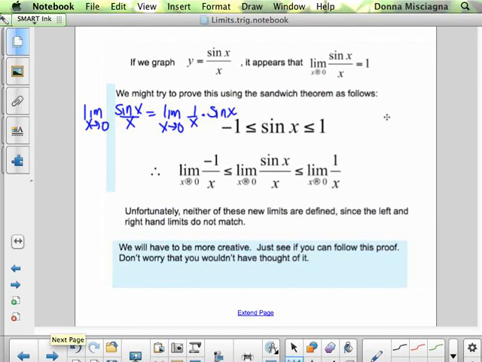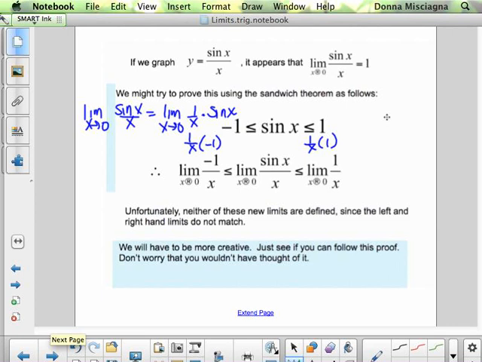So the smallest value that sine can take is -1. And if we multiply 1 over x by -1, we get -1 over x. The largest value sine x can take on is 1. And if we multiply 1 over x times 1, we get 1 over x.